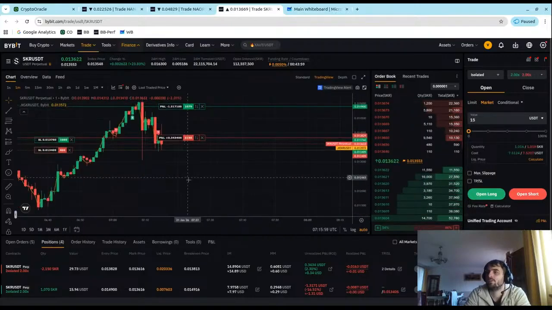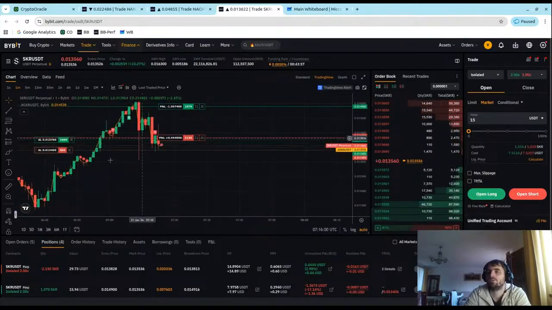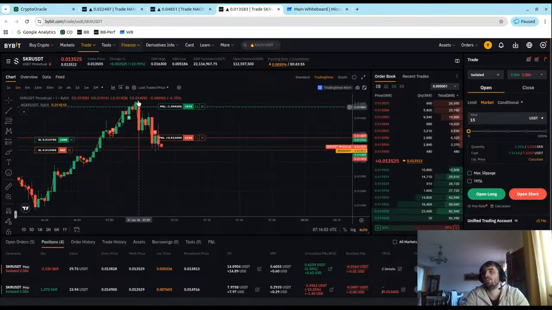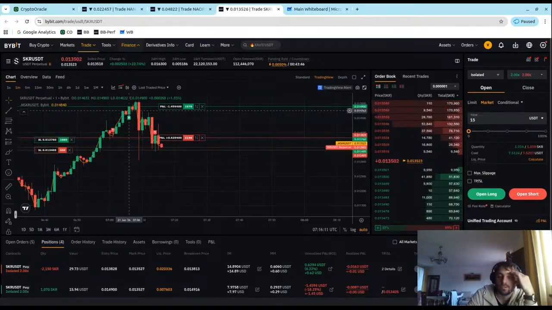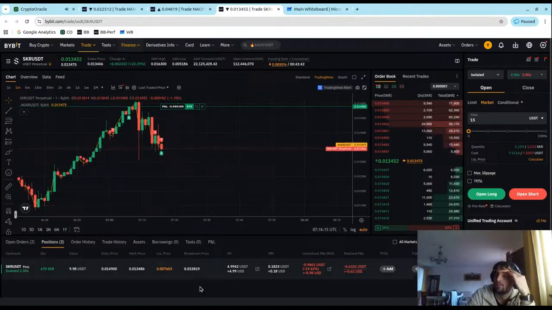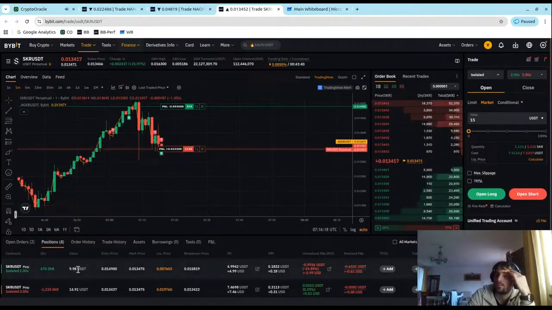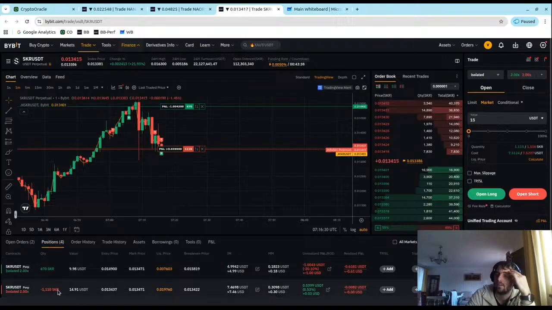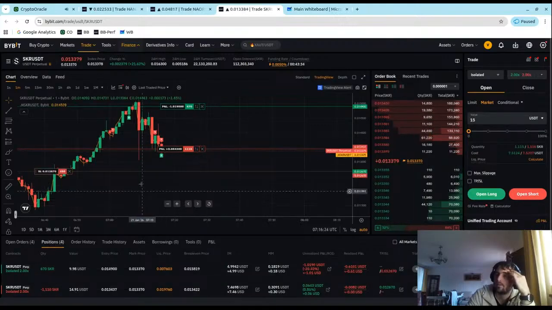The volatility is quite significant, so you can see here that candle there, that candle there made a liquidation. So you see, we closed partially, $9 left, and here another order executed.